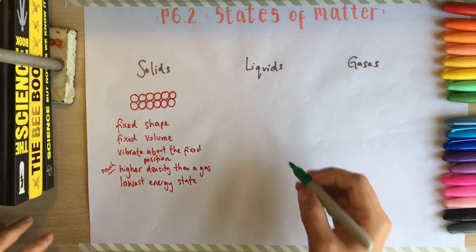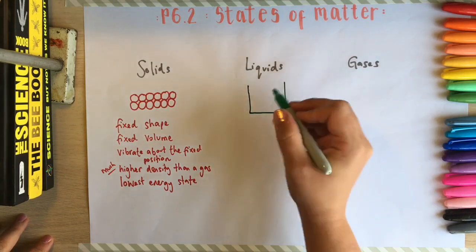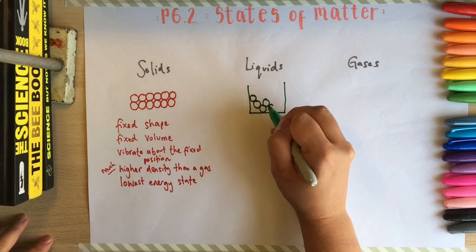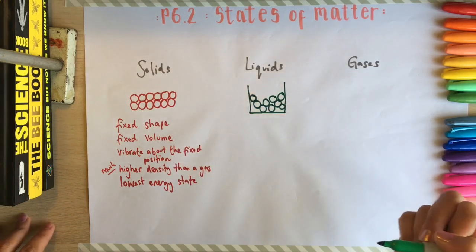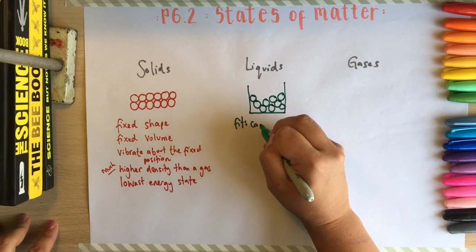For a liquid, again, you need to know how to draw the diagram, and usually it's in a container, and we would draw particles that are still touching, but they're not in any kind of arrangement, so it fits the container shape.